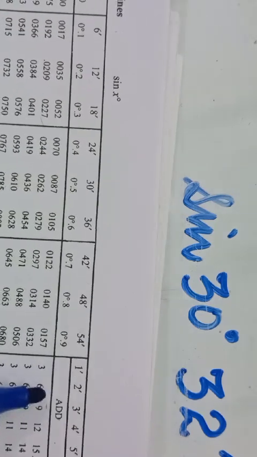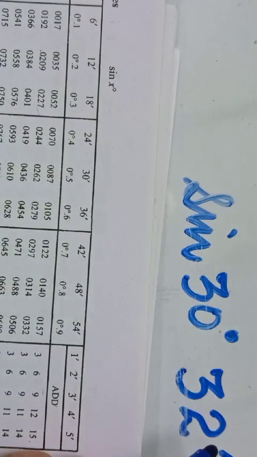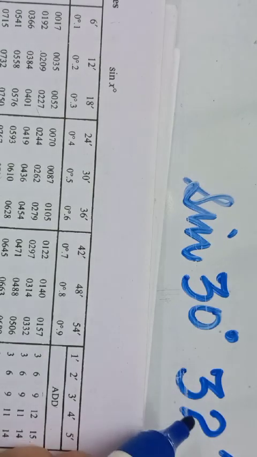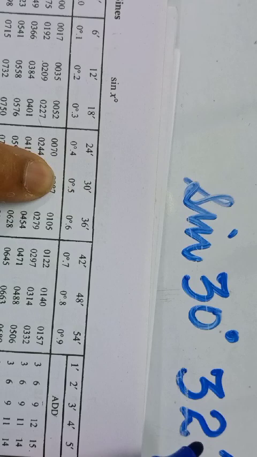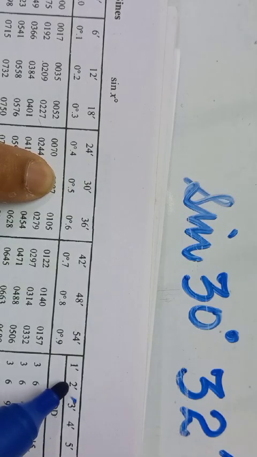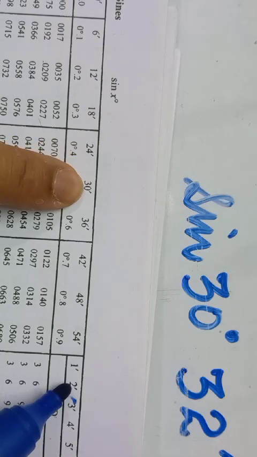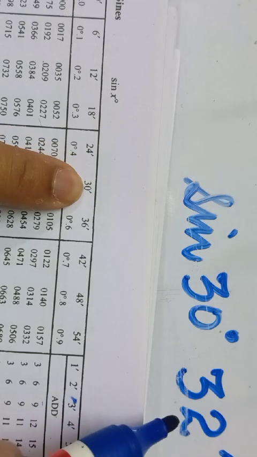So how do you make 32 minutes? You must select the 30-minute column, and along with that you should have a 2-minute mean difference. So 30 minutes plus this 2 minutes makes it 32 minutes.